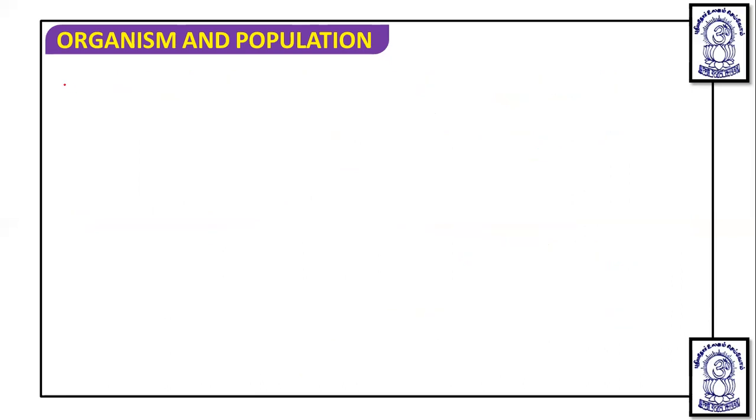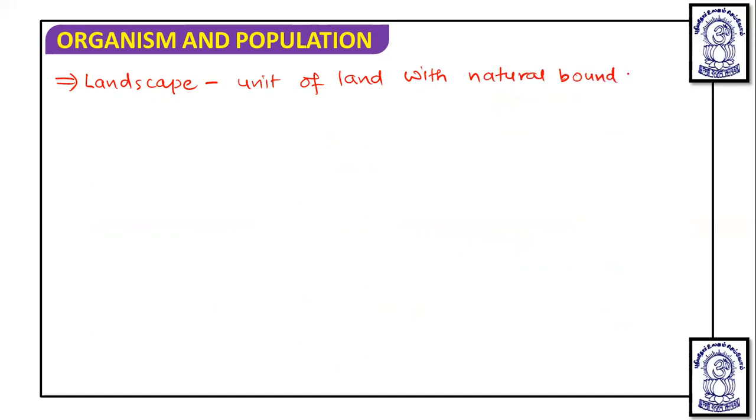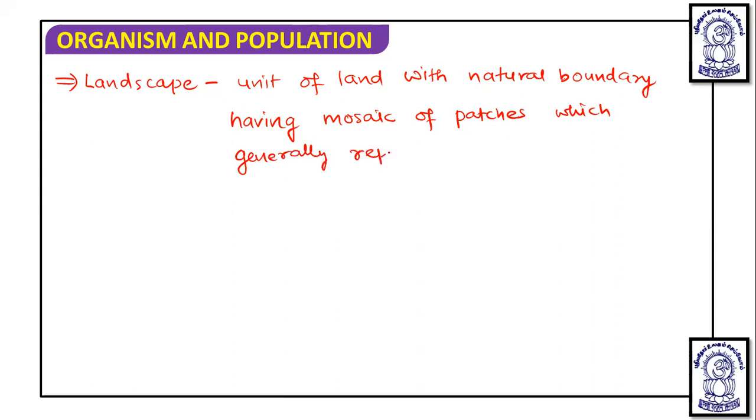After this, the next level is the landscape. It is a unit of land with natural boundary, having a mosaic of patches, which generally represent different ecosystems.